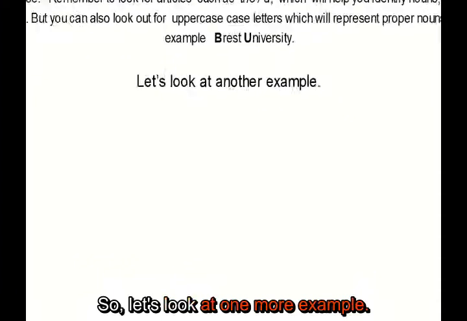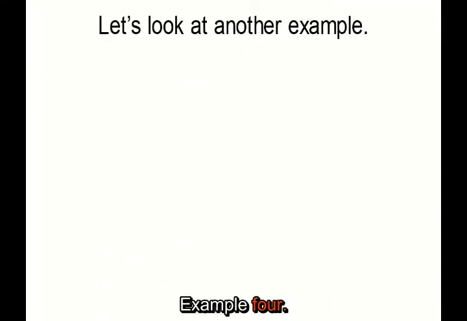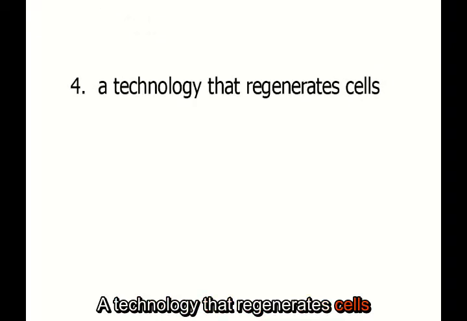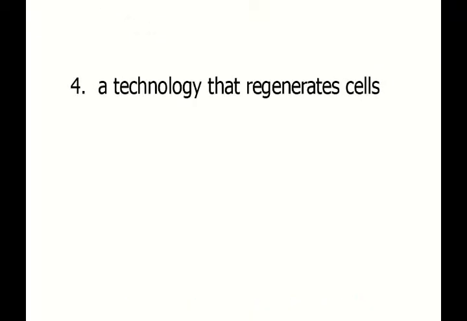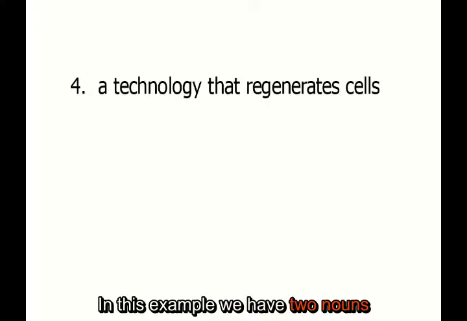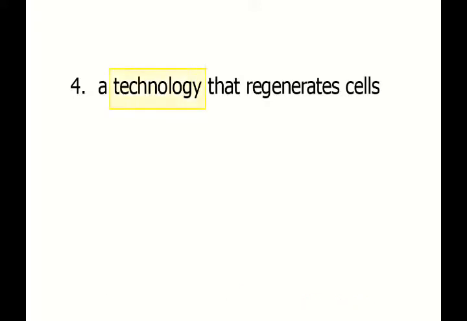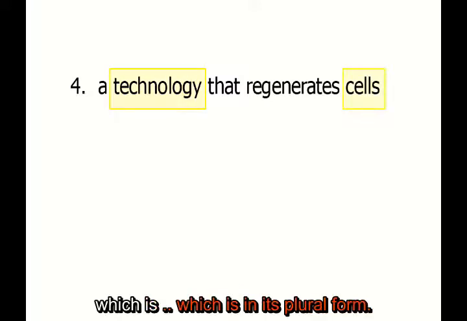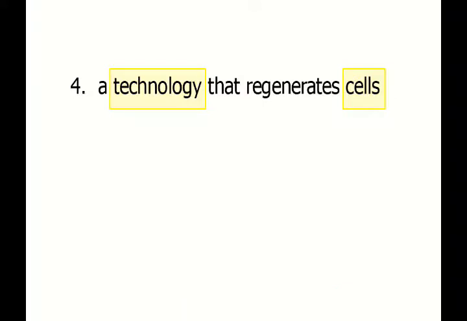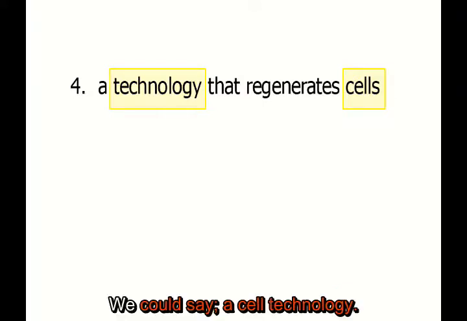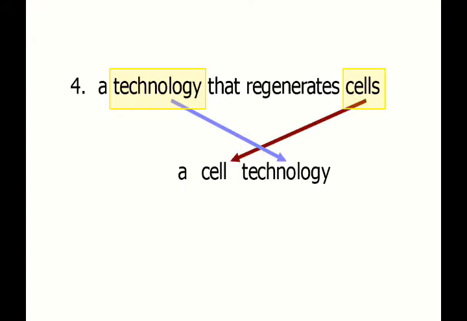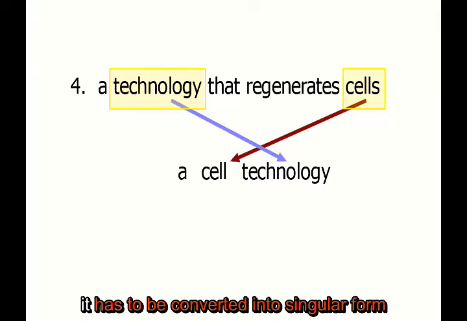So let's look at one more example. Example 4. A technology that regenerates cells. In this example, we have 2 nouns, technology and cells, which is in its plural form. We could say a cell technology. Remember, the last noun becomes the first noun and has to be converted into singular form.